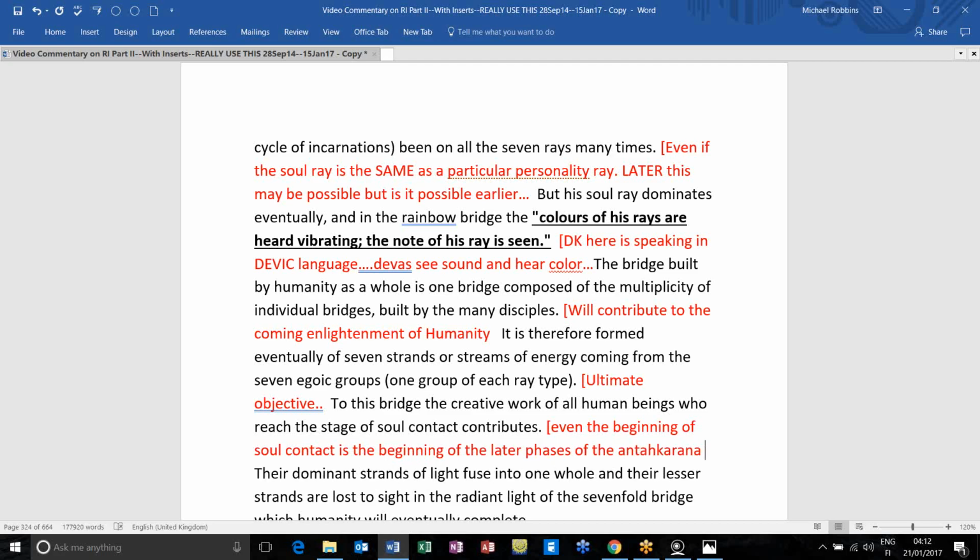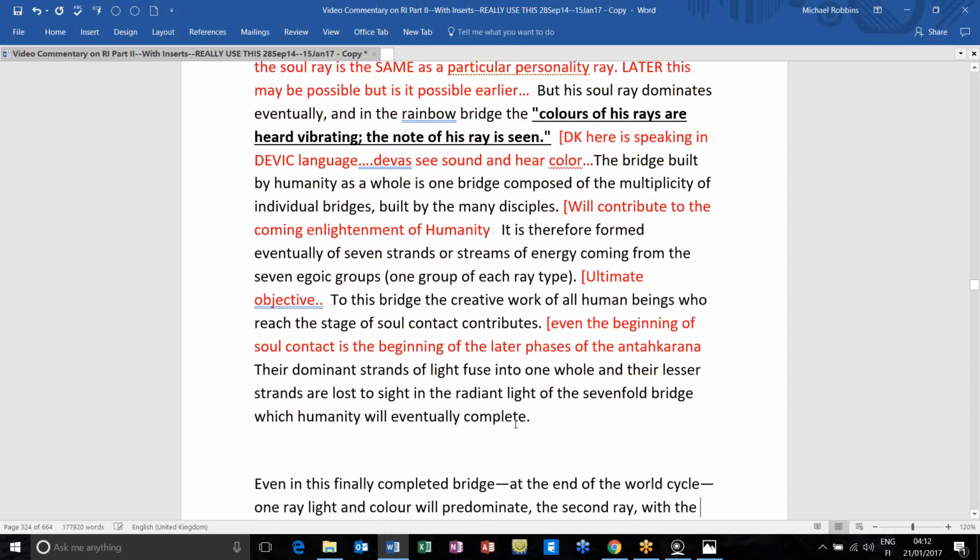Their dominant strands of light fuse into one whole, and their lesser strands are lost to sight in the radiant light of the sevenfold bridge, which humanity will eventually complete.